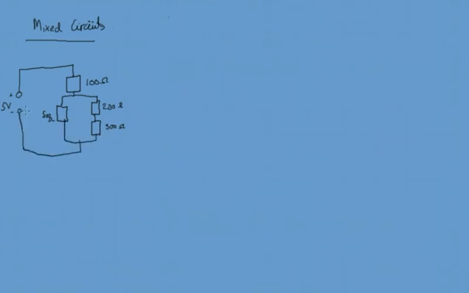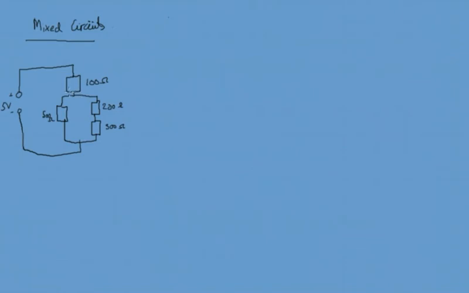We'll change our power supply this time, and we've got a 100 ohm resistor, and then it splits into a series part of a 500 ohm resistor, and then we have 200 ohms, 300 ohms. Now we can just close it all up like this.